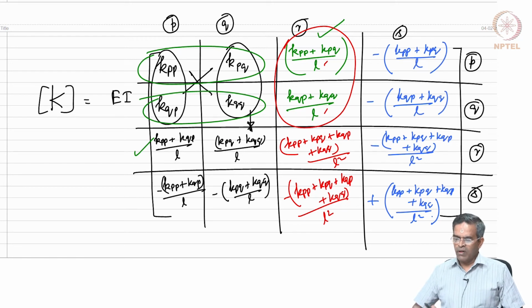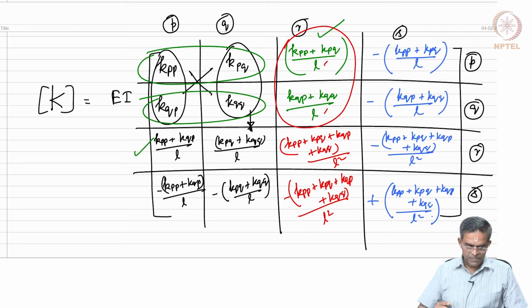I am following the same algorithm as in the derivation we did earlier. Instead of giving the rotations, we started finding this using the flexibility method, and we also wrote this equation in the previous lecture.